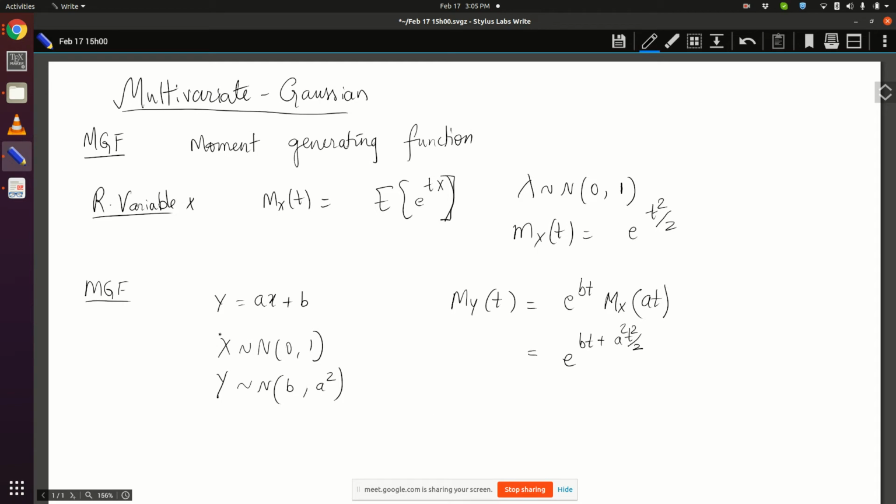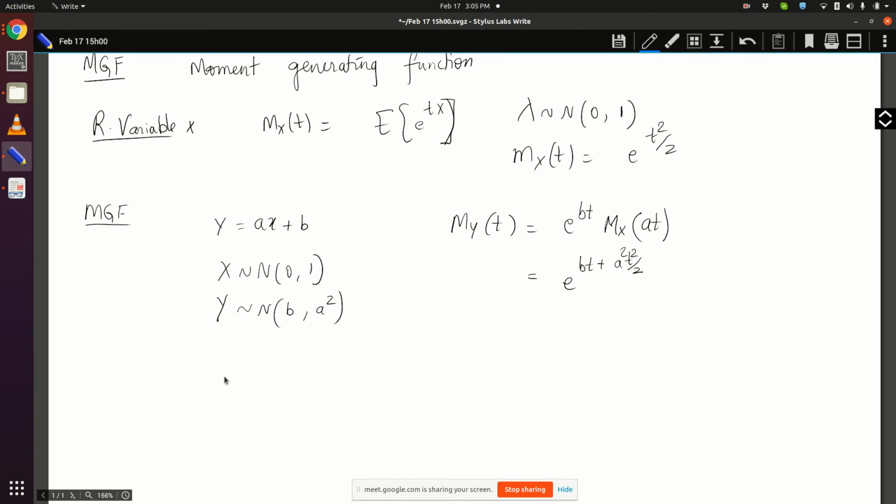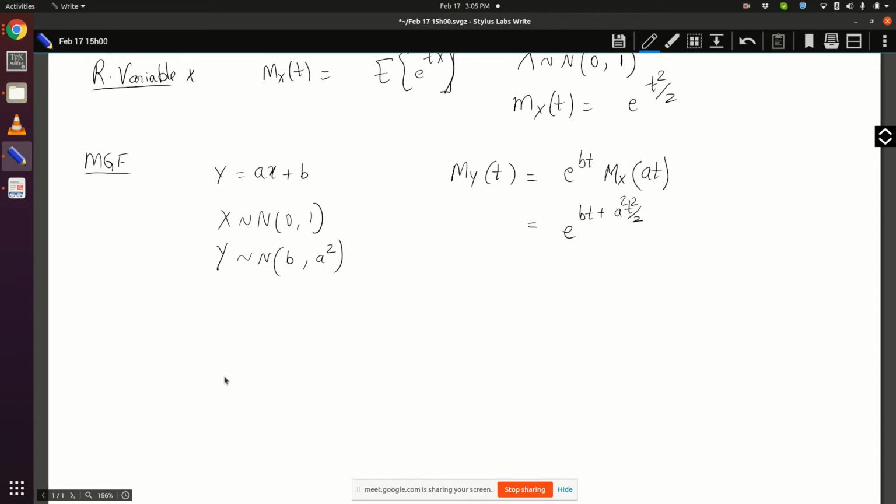These are the two things we saw, and then we looked at multivariate normals. The multivariate normal has the density f_X(x1, x2, ..., xn), which is also a vector.